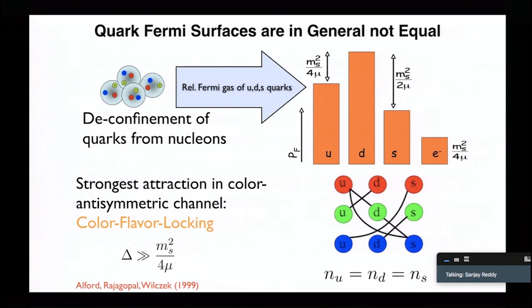So in that case, if the neutron star contained quark matter and the gap was large enough, then the ground state of matter is given by color-flavor locking. But as soon as it becomes less than m_s squared over 4 mu, then it becomes very complicated to analyze the phase diagram, because there are many other states of matter which are all very similar in energy with different pairing patterns that are possible, and we will not be able to distinguish between them.